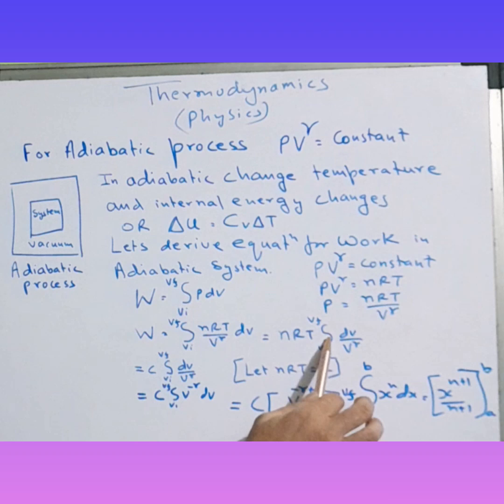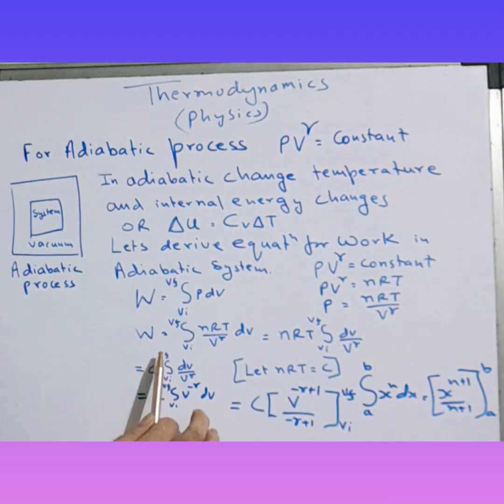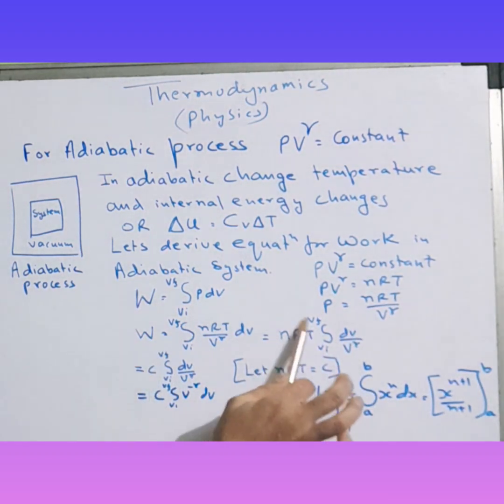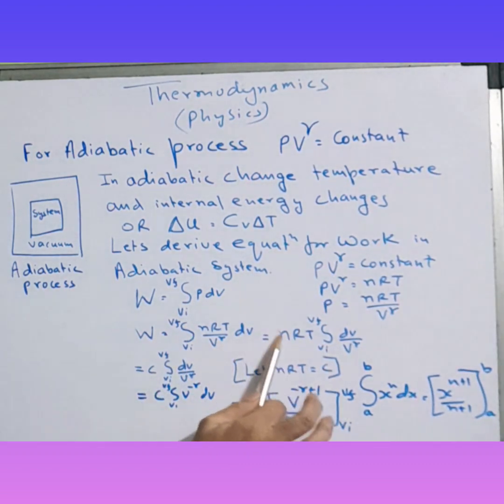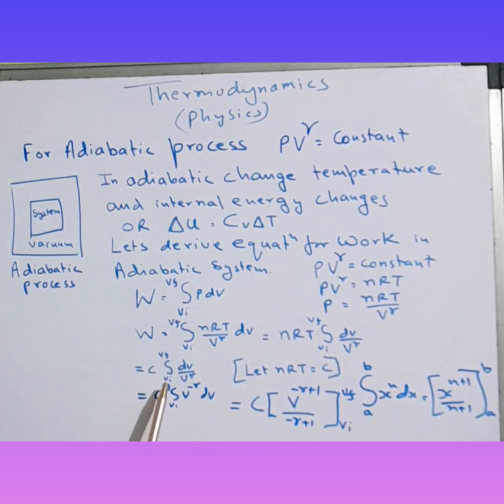We take nRT as a constant C. So instead of nRT we have C over here, with volume initial to volume final as our range, and dV over V gamma.